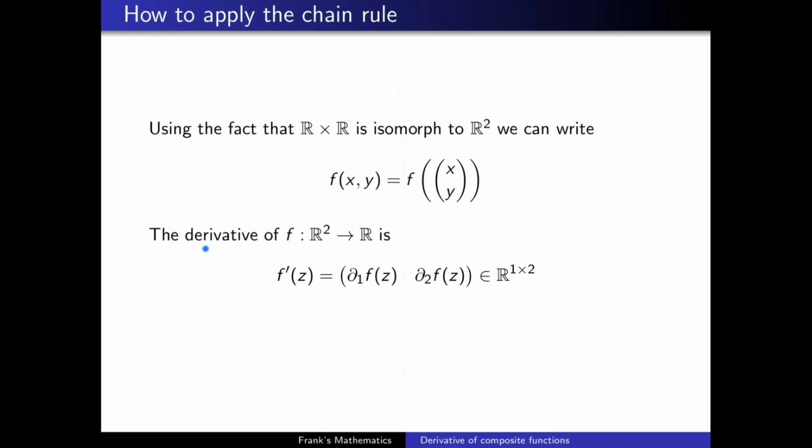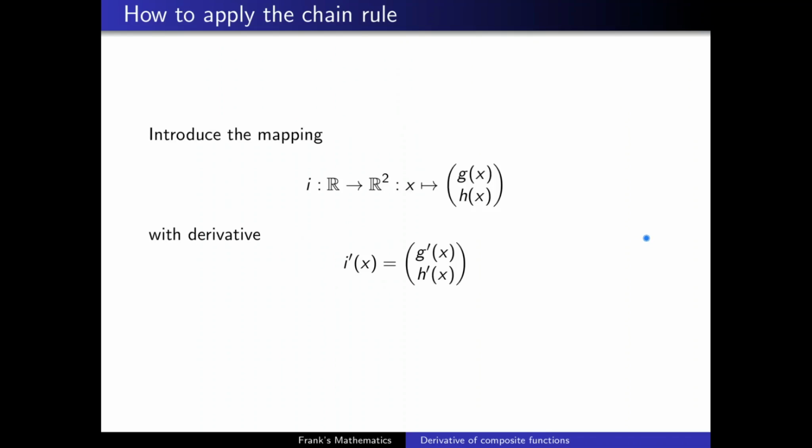The derivative of f, well, just write it down. We have a vector which is in the space R1 times 2. And here's the first derivative, here's the second derivative. And keep in mind that z is now a vector in the space R2. This will be important later on. And now here comes the trick which will make our life much easier.